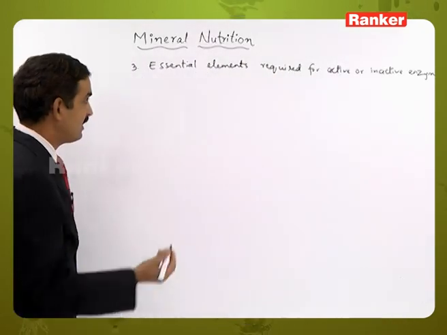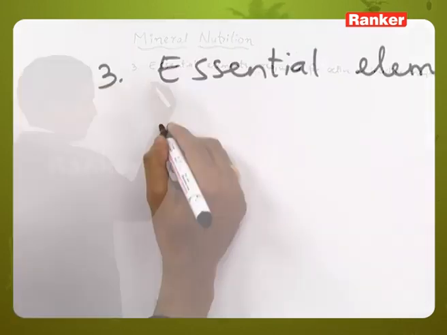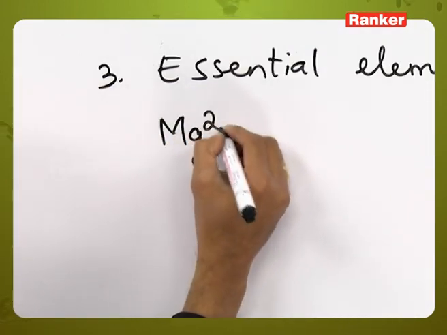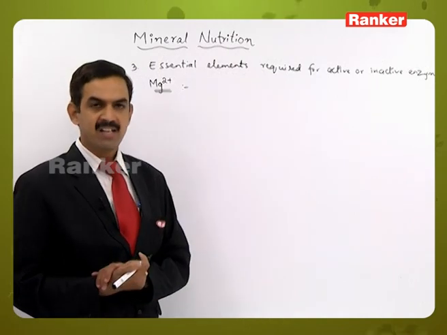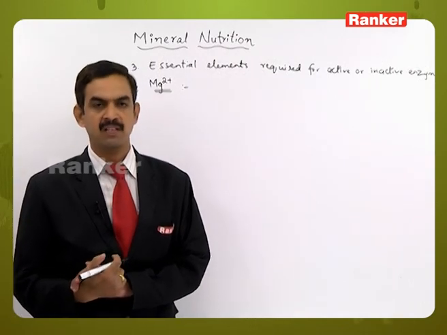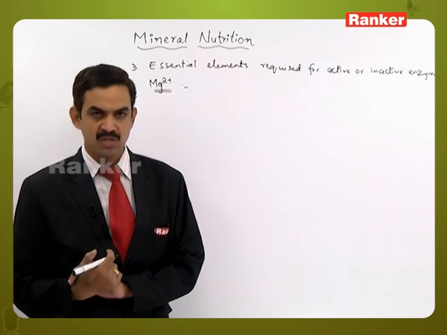Like, let us take one element here, that is magnesium ion. So magnesium ion have a vital role in the activation of the enzymes which are required for photosynthesis and respiration.